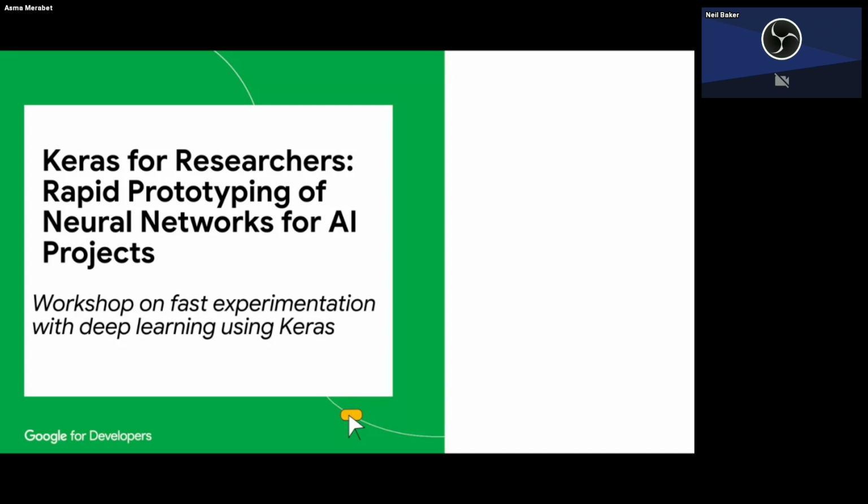This is a hands-on workshop, which means that we are covering both the theory and the practical insights that we need. In this presentation, we are going to explore four important cases. The first one is why Keras is the go-to choice for academic researchers, which means why we choose Keras.